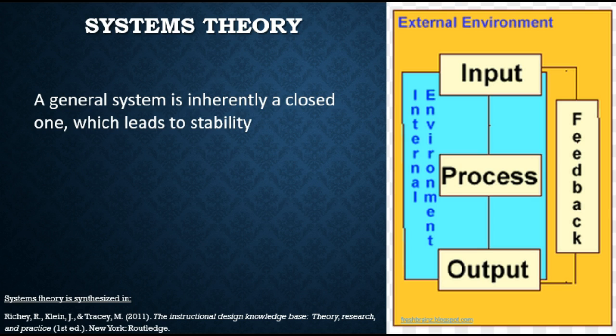So a general system is inherently a closed one, which leads to stability. And the idea is that we teach 15-week sessions 3 times a year. We put in effort to prepare the course as online instructors. We run the course, we gather feedback, we make minor changes for improvement, and then we go through the process again.